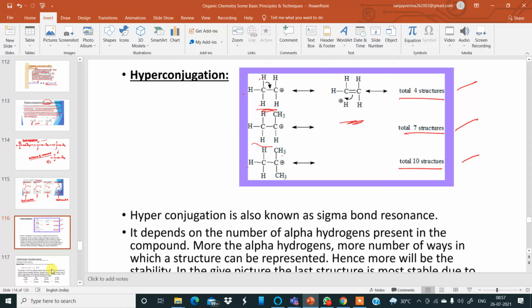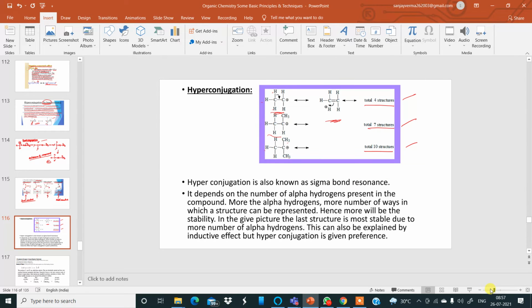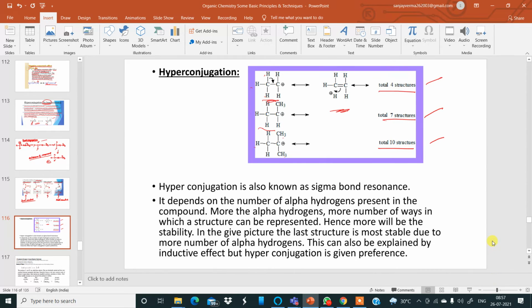Now, this hyperconjugation, as I've told you already, is also known as sigma bond resonance. It depends on the number of alpha hydrogens present in the compound. What are the alpha hydrogens? The hydrogen atoms linked to the alpha carbon after the carbocation center.